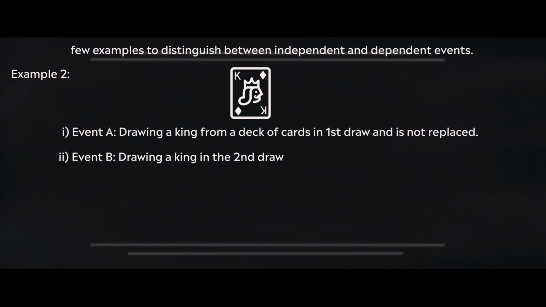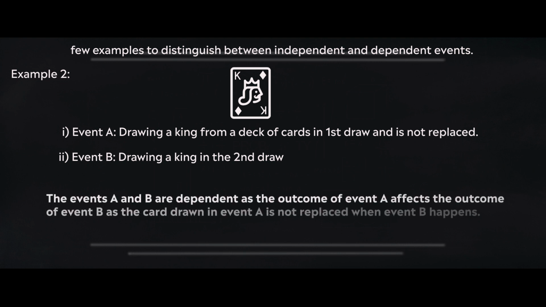So if you look at the two events, the events are dependent because the outcome of event A affects the outcome of event B, as the card that is drawn in event A is not replaced when event B happens.